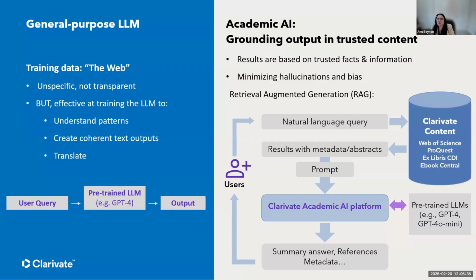We'll talk about this later, I think, but we do use a RAG architecture, retrieval augmented generation, to ensure that we are taking advantage of the general purpose LLM, but applying it to a controlled corpus of data, whether that's Web of Science or ProQuest, et cetera.